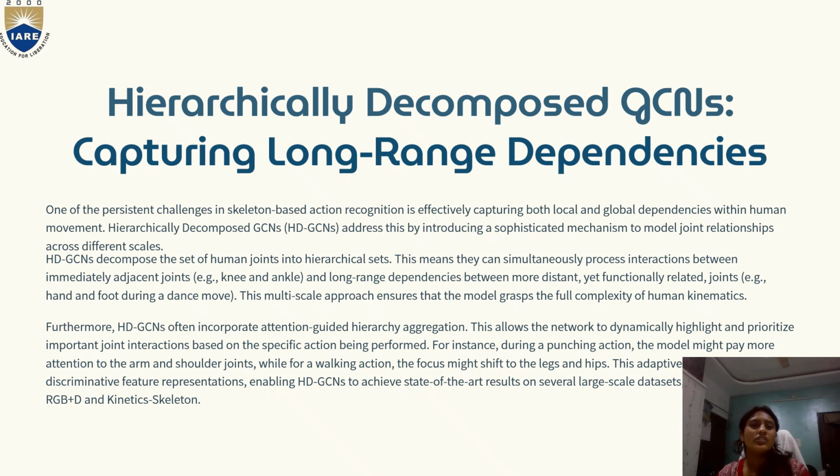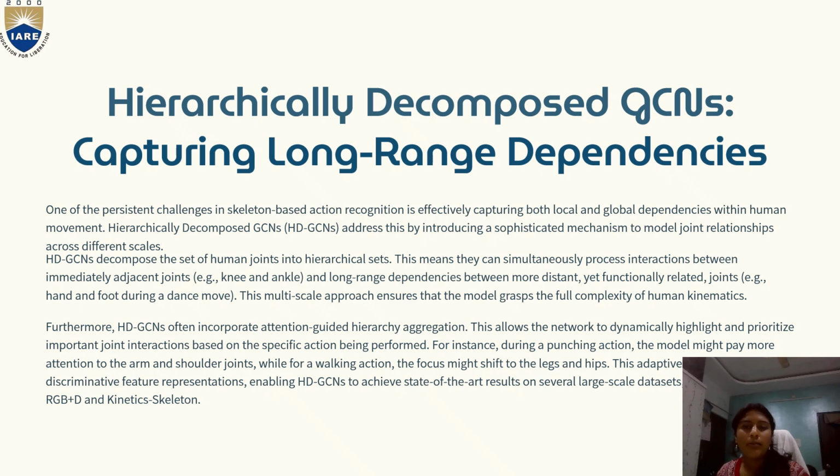Hierarchically decomposed GCN, capturing long-range dependencies. Furthermore, HDGCNs decompose the set of joints into hierarchical sets. This means they can simultaneously process interactions between immediately adjacent joints and long-range dependencies between more distant yet functionally related joints, like hand and foot during dance moves.